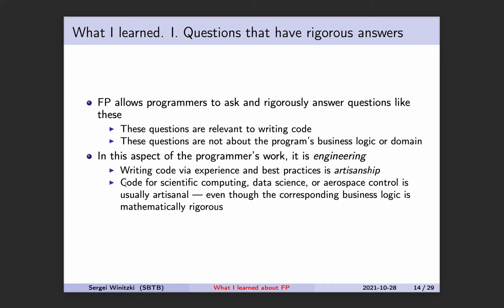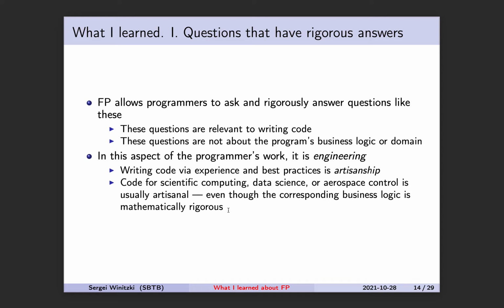A lot of code has been written for scientific computing, for data science, for things like aerospace control. All of these subject matter areas are highly mathematical and rigorous, but the code is not written in a rigorous way. The code is written by trial and error, through experience, and so on. It's an artisanal kind of code. So the business logic could be mathematically rigorous.